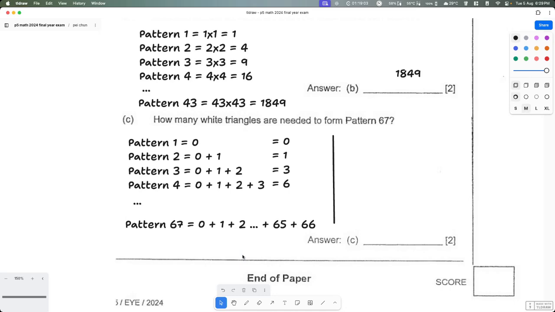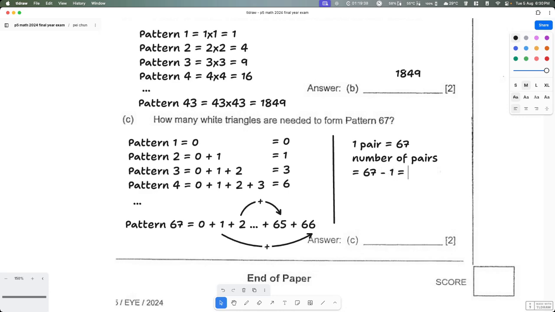I'll draw the arrow from 1 to 66, and then from 1 to 65 as well. So the total we want is 67. One pair is equal to 67 still. Then the number of pairs, we just minus 1 because we don't have the 0. 67 minus 1 equal to 66.